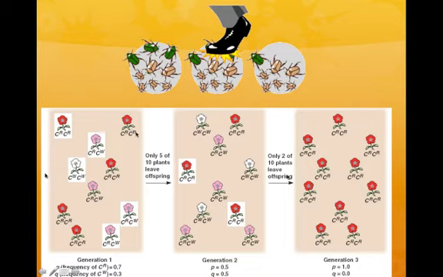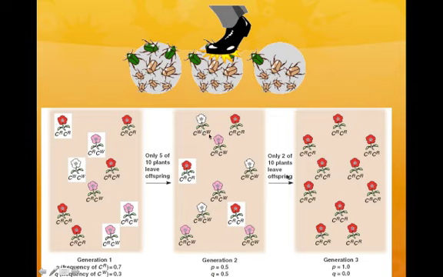We see the existence of more of the heterozygote of the white plant, the homozygote of the white plants, and we're seeing less of the homozygote with the red plants. We can deduce from this that maybe the homozygote for the white plants is being selected for in this population.